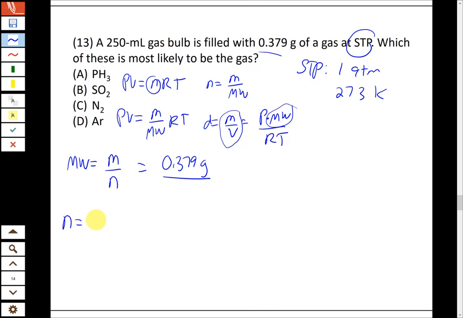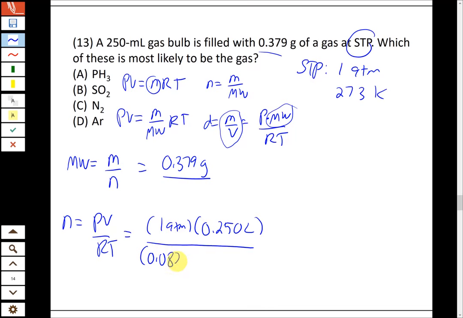So the number of moles is going to be PV over RT. Because we're at STP, the pressure is 1 atmosphere. The volume of the gas is 250 milliliters, which is 0.250 liters. We need it in liters for the ideal gas equation. R is 0.0821, and then the temperature at STP is 273.